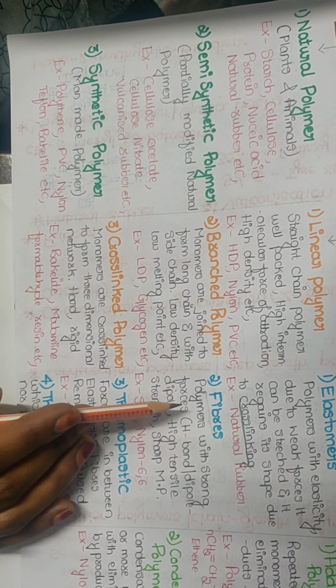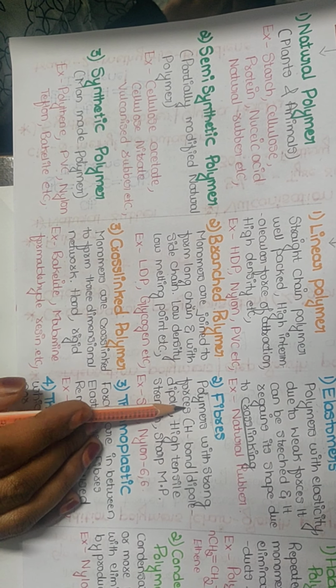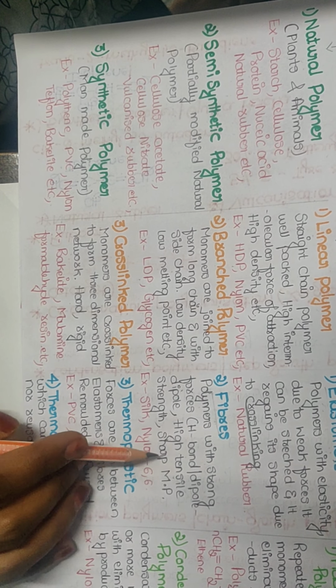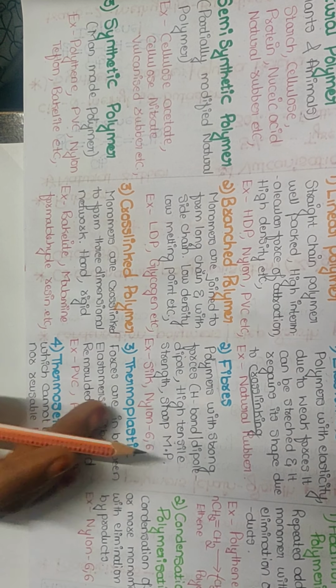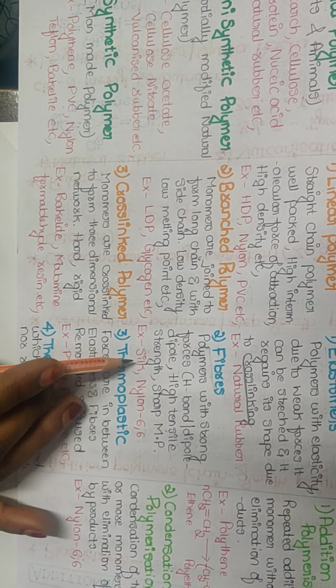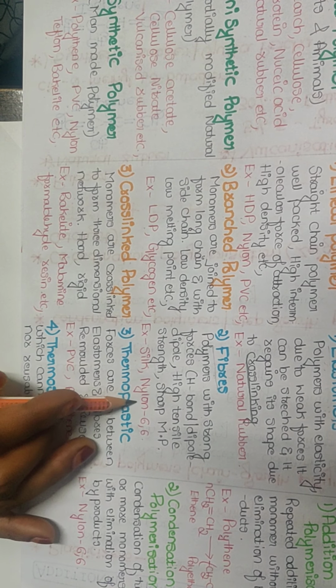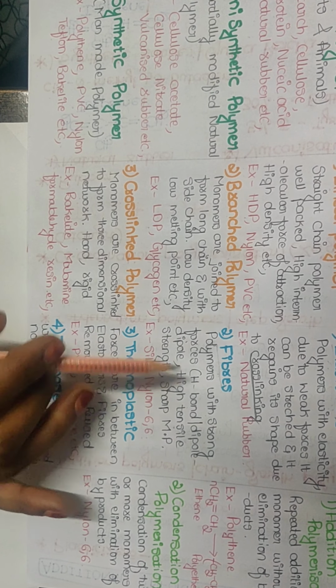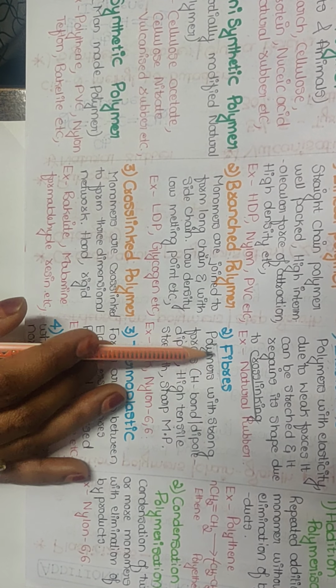Due to high intermolecular force of attraction, they have very high tensile strength and a sharp melting point. The best example is silk, nylon 6, any fabric can be taken as an example for fibers.